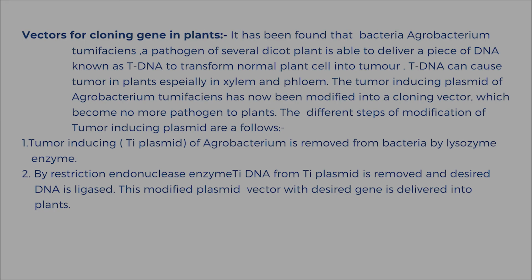First of all, the TI plasmid, or tumor-inducing plasmid, is removed from Agrobacterium by the use of lysozyme. Second step, by the use of the restriction endonuclease enzyme, the TI DNA is removed. And third step, in place of TI DNA, the desired gene is ligated with the TI plasmid. And this desired gene along with the plasmid is delivered into the plant.